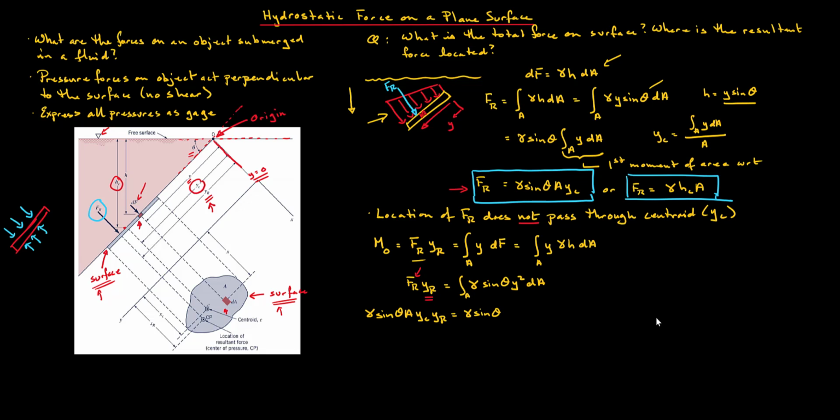Sine theta is a constant, so we can take this out of the integral. And so we have the integral of y squared dA. So we note that sine of theta cancels out, gamma cancels out, and so we can solve for yR, which is equal to the integral over the area of y squared dA divided by the location of the centroid multiplied by the total area.